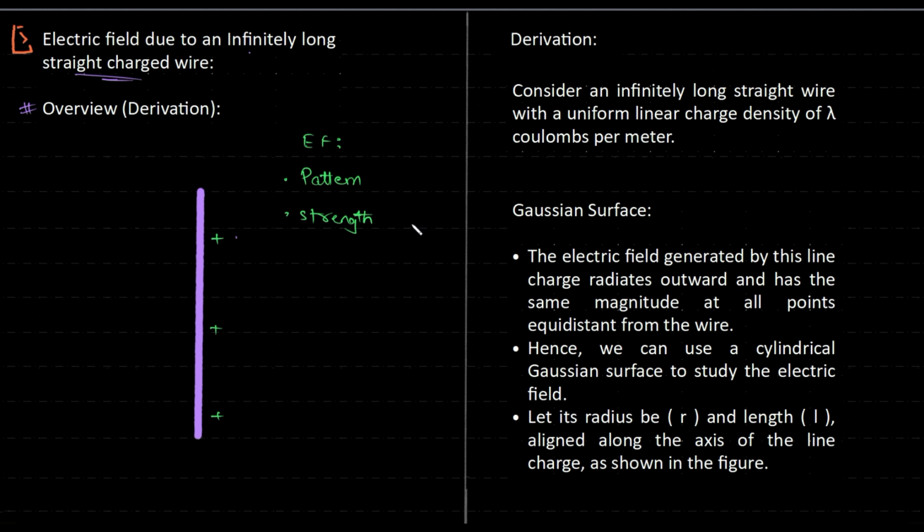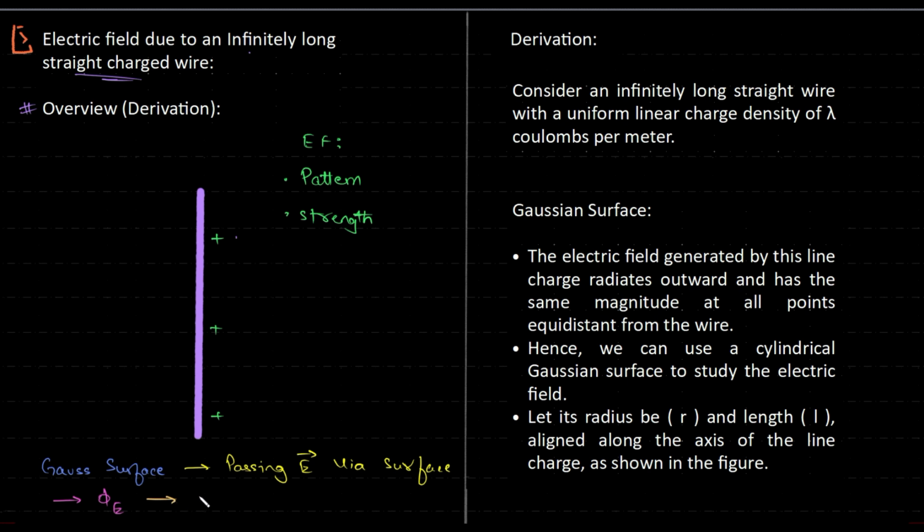Now, the very first thing that we have to do is talk about the Gaussian surface. Once we have that, we have to look at the passing of electric field lines through the surface. Once we do that, we have to look into the flux.